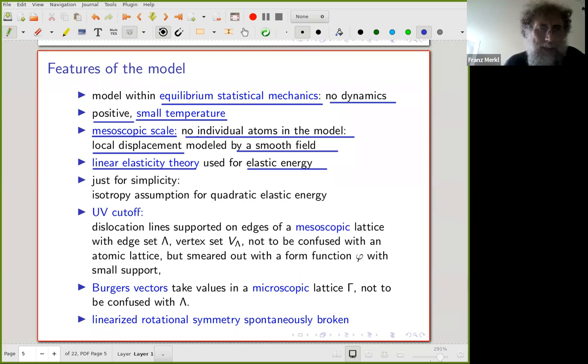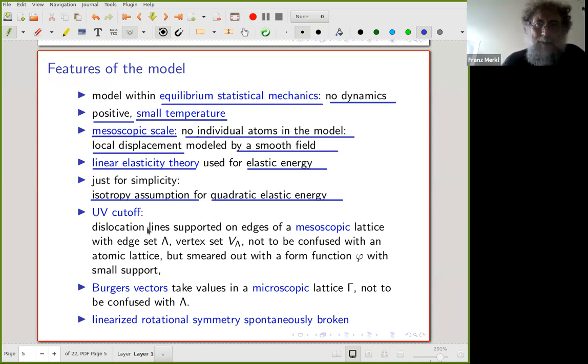We use for the quadratic elastic energy an isotropy assumption, which is fulfilled in FCC or BCC, face centered cubic or body centered cubic models, or simple cubic models as well, but in many other crystals it's not satisfied. But this is not essential, it's the easiest case to write down. But one could do the same theory even without this isotropy assumption. It's not actually essential for doing the analysis.